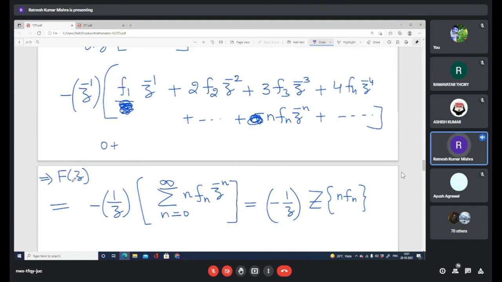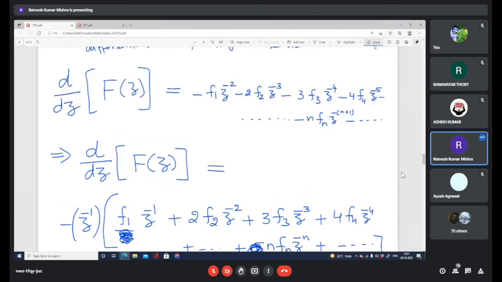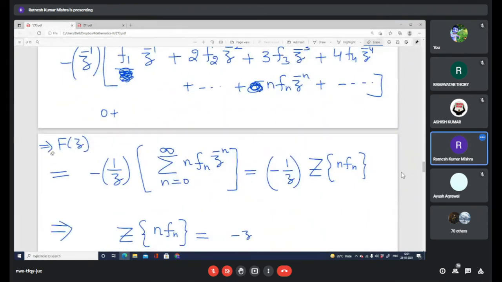The left side is not F(z), the left side is d by dz of F(z). So remove this one. Right, this is d by dz of F(z). Now this is okay.